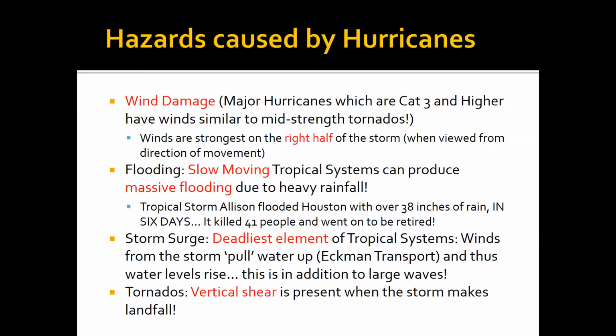And then flooding. So hurricanes are also huge engines of heat and moisture. This means there's a lot of rainfall that can be produced by hurricanes. And what's actually interesting is Houston, I actually am recording this lecture after Hurricane Harvey happened.